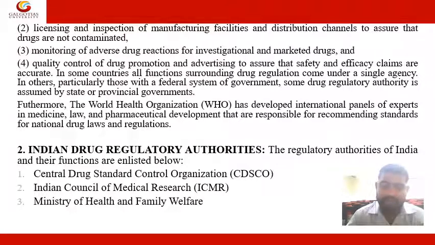The Ministry of Health and Family Welfare oversees both of these organizations, CDSCO and ICMR. So you have to treat India as a country with two regulatory authorities, CDSCO and ICMR, and the Ministry of Health and Family Welfare is the head of both. Okay, let's move to the next slide.